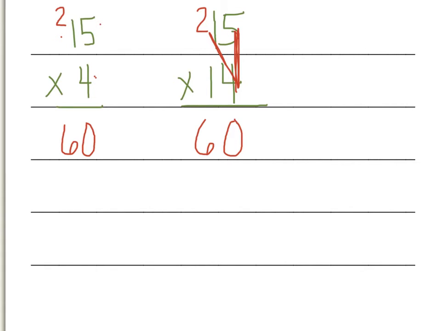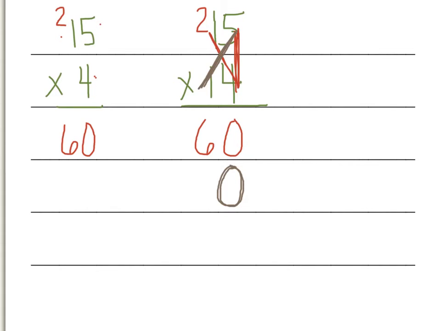Now, the next step is, though, I need to move to the tens place. Permission to move to the tens place is granted as soon as I put a 0 down in the ones place. So permission to move to the tens place, permission granted with that 0. Now I'm going to multiply the exact same thing where I go 1 times 5.